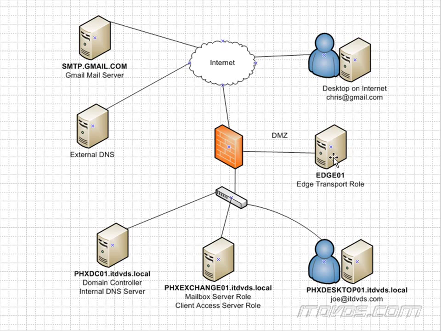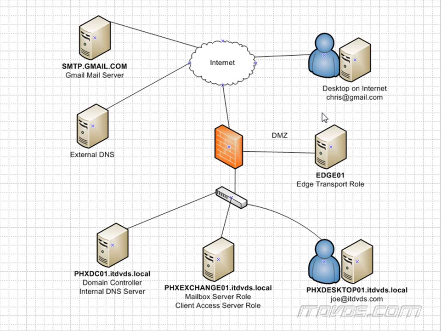But if it was an SMTP gateway, a third-party one like Barracuda or something like that, normally you can just configure it with the IP address of PHX Exchange 01. You can hard code it, or you may have a DNS server in your DMZ that this server would look at, and then that DNS server would be able to resolve PHX Exchange 01.itdvds.local.